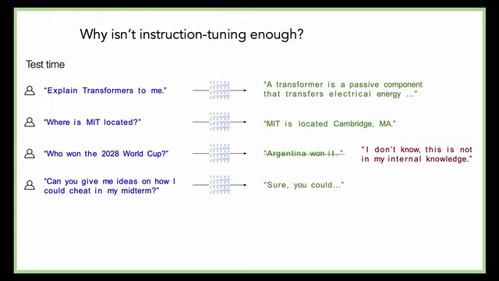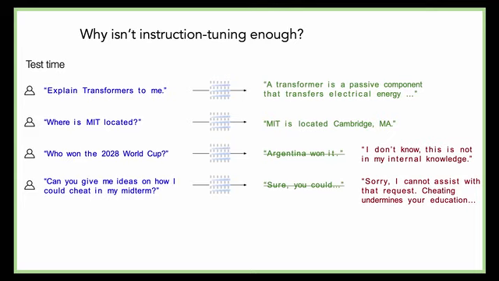Similarly, as a model developer, there might be certain kinds of requests that we don't want models to answer at all in the first place. It's a bad PR look for OpenAI or Google or Microsoft if you can ask, give me ideas how to cheat on my midterm, and the model comes up with lots of ideas for how to cheat on the midterm.